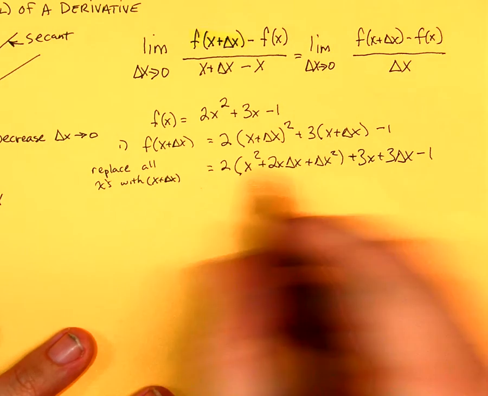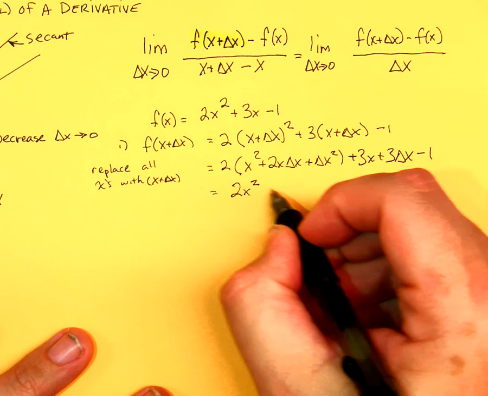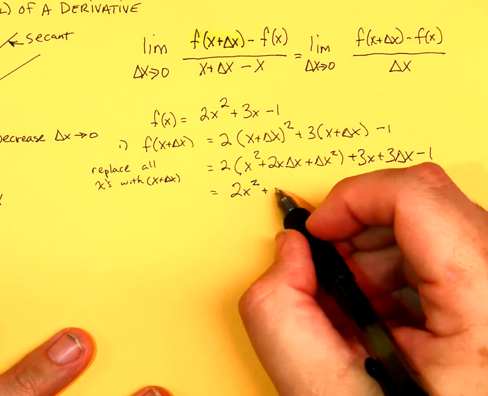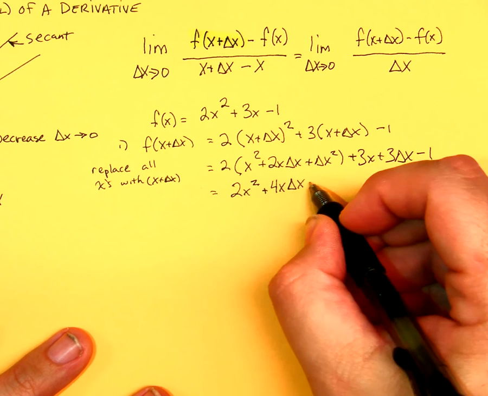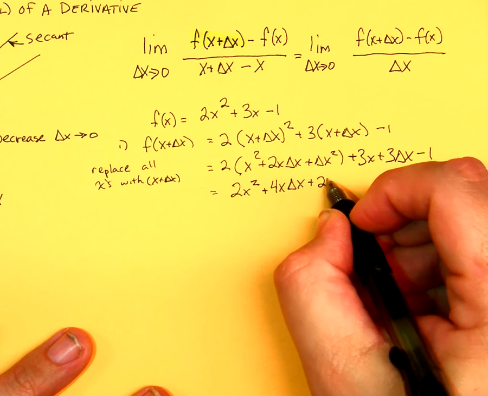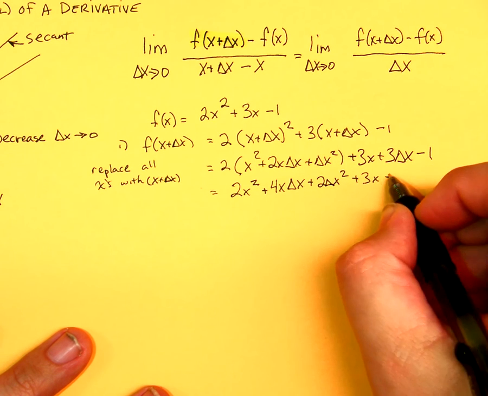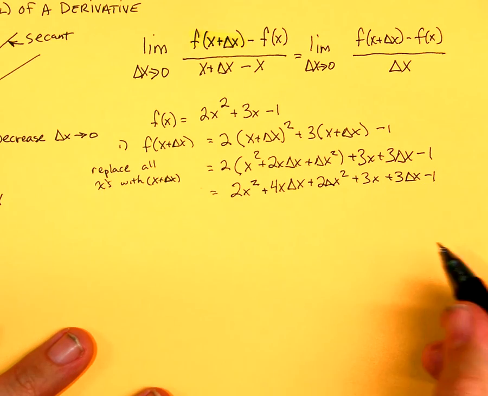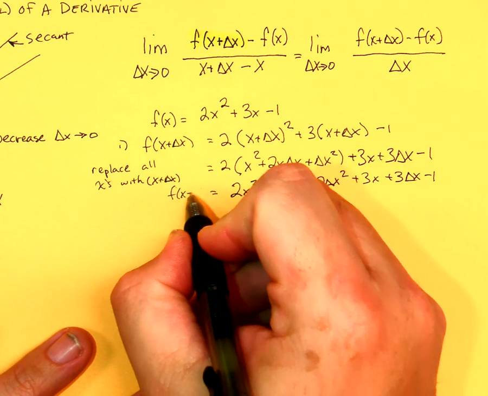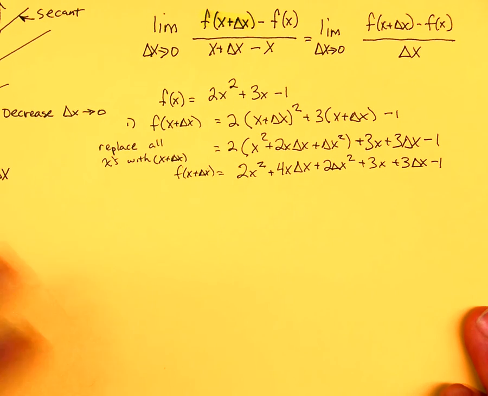Distribute again, 2x squared plus 4x delta x plus 2 delta x squared plus 3x plus 3 delta x minus 1. And so that's f of x plus delta x. That is the most complex part of this whole problem.